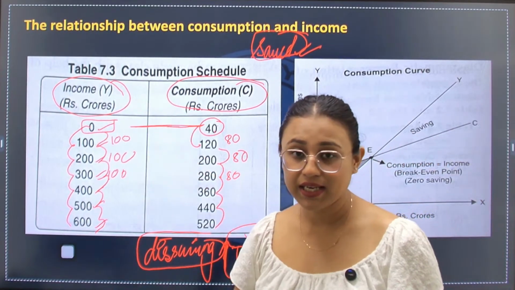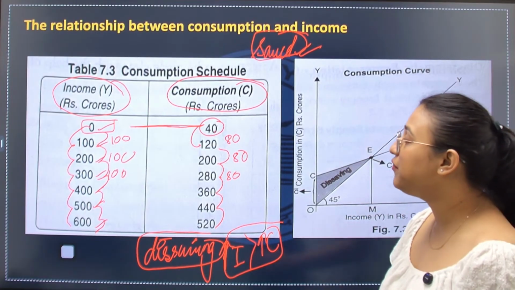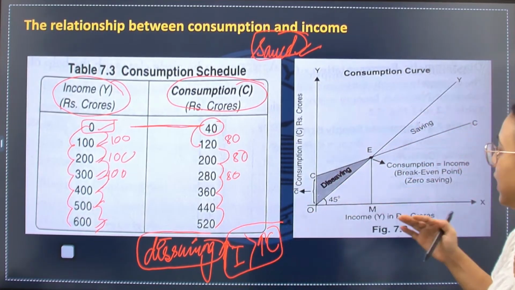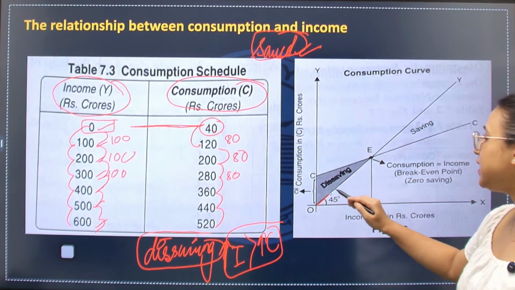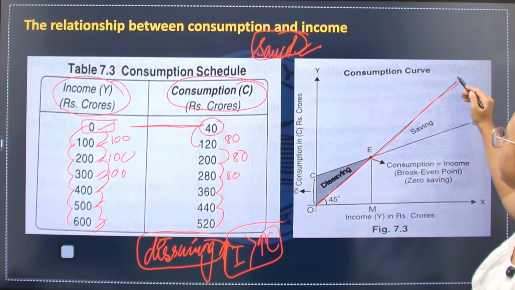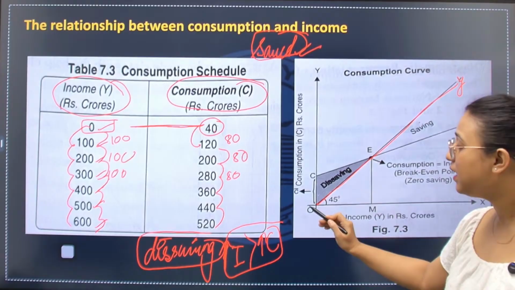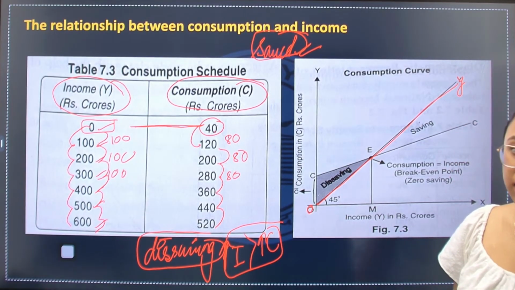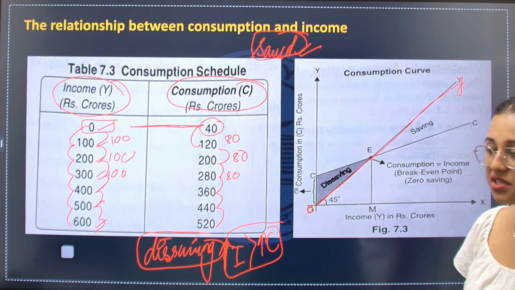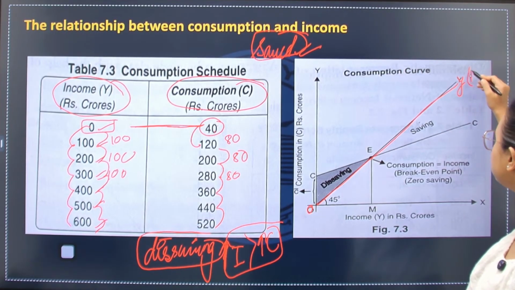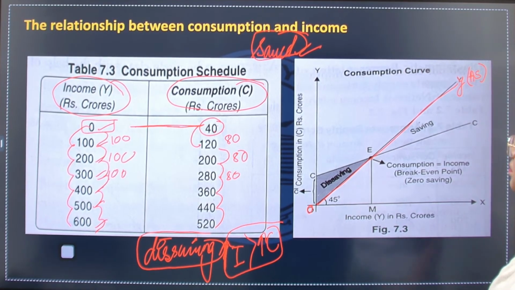So if we actually draw the income curve, we know that the income curve is a 45-degree line starting from the origin. And this income curve is also referred to as the aggregate supply curve.